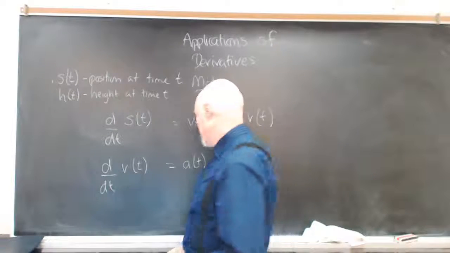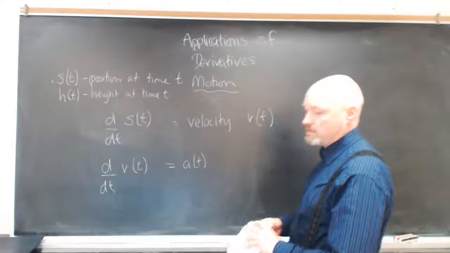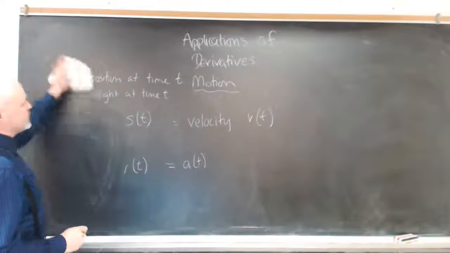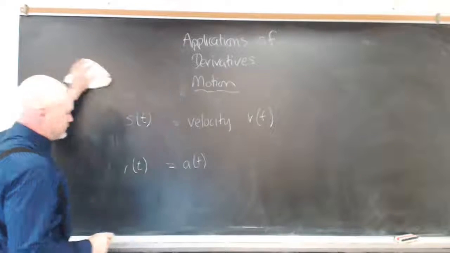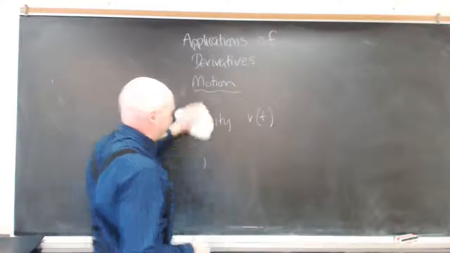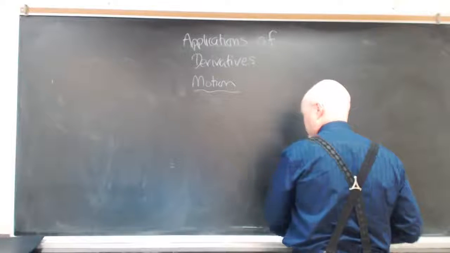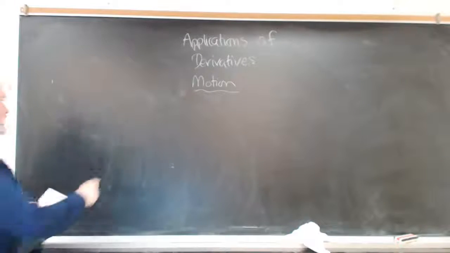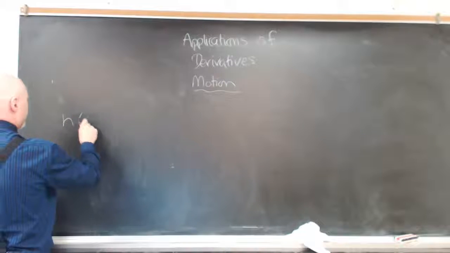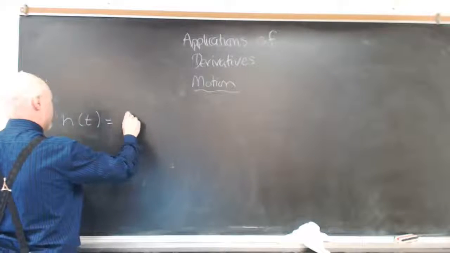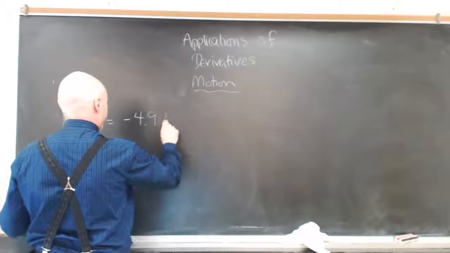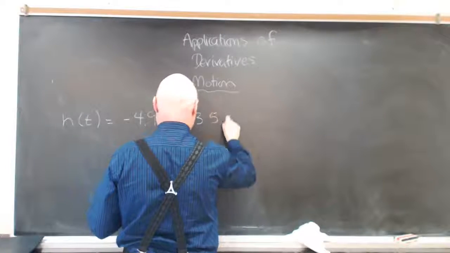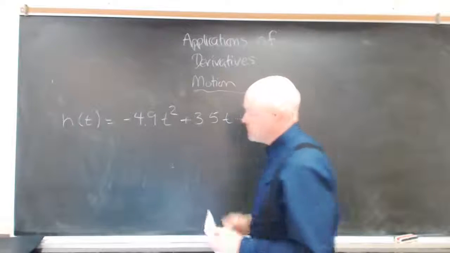So I'm going to do one quick example. It's a classic. You'll recognize it: negative 4.9 t squared plus 3.5 t plus 1.